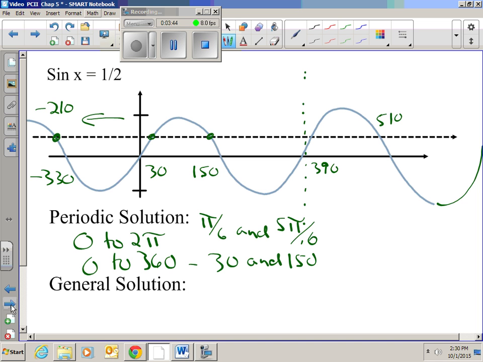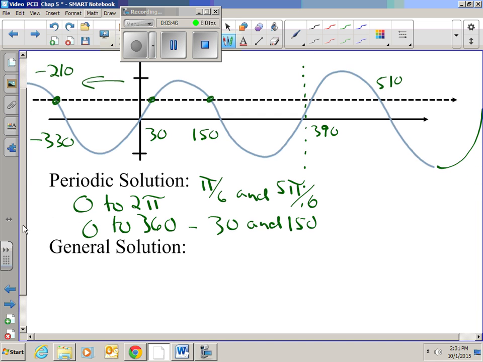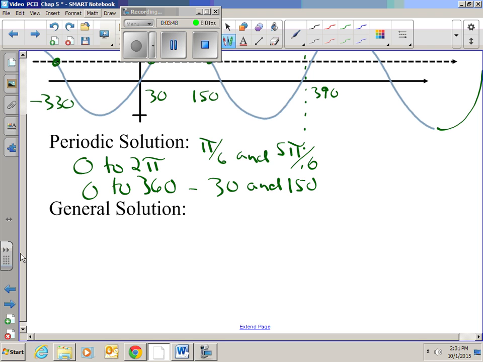But if I wanted to write these answers and include the infinite number of answers, I'm going to take the first answer, which is 30, and add the period of sine, and I'm going to add that n number of times, where n is any integer, from 0 to infinity or 0 to negative infinity.